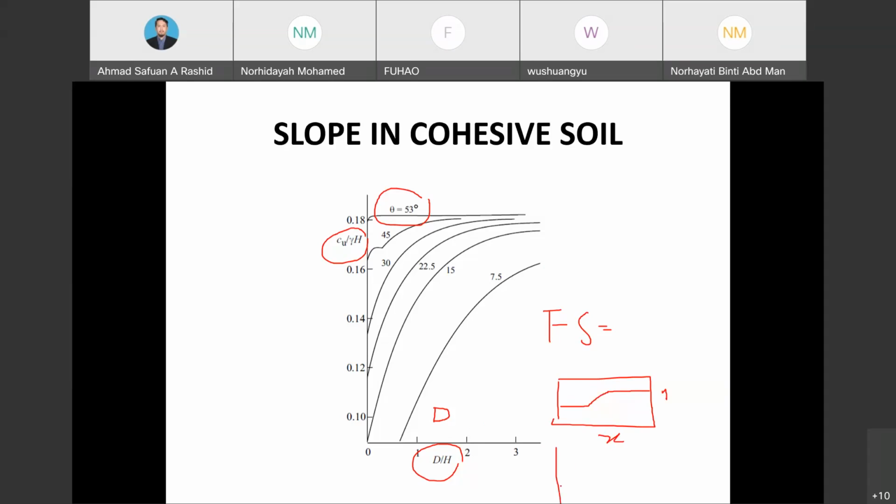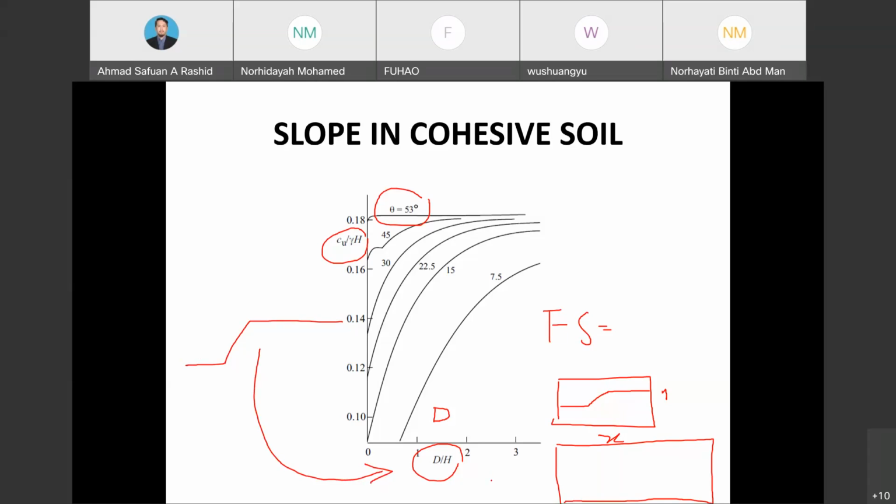Let's say somebody uses a huge testing chamber or looks at a full scale slope. It will be much easier if he can compare with this dimensionless approach chart compared to the dimension units chart. So that's the idea.